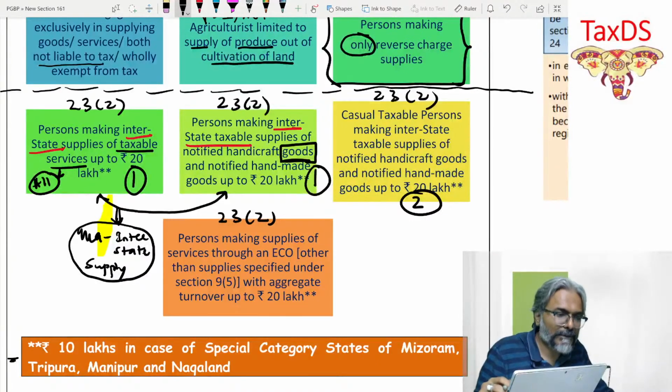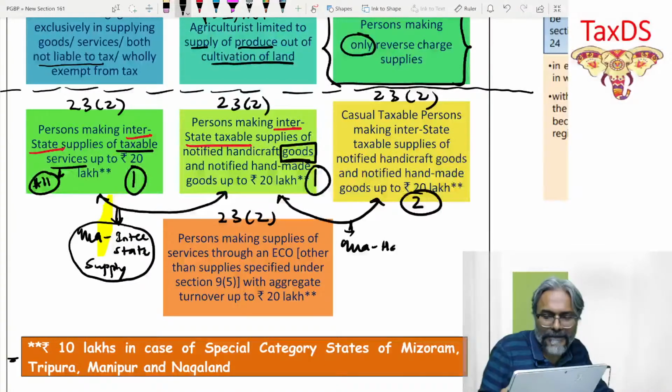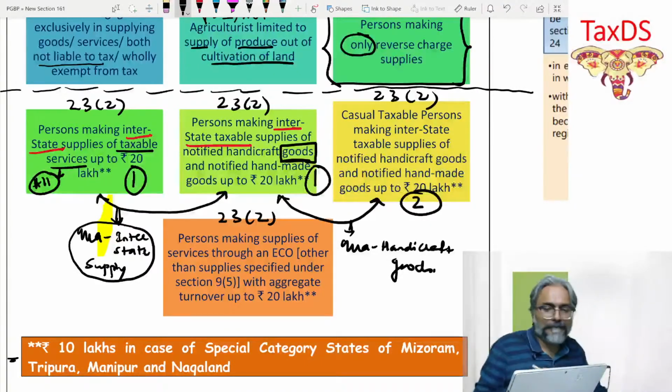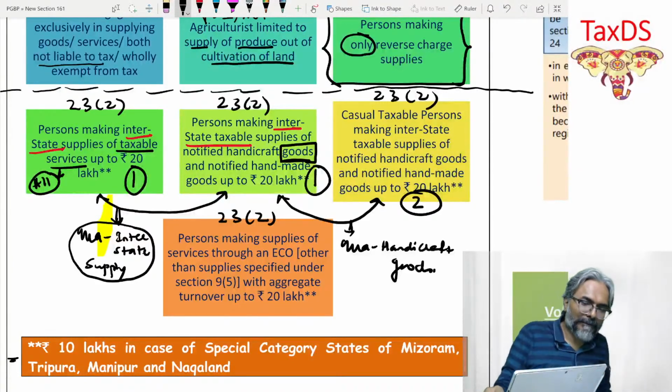Can you see that? This is qua interstate supply. Do you all appreciate this particular part? And this is what, students? Correlation between these two. Qua means in relation to. This is qua handicraft. That is how, students, the things are in this context. That is a correlation.